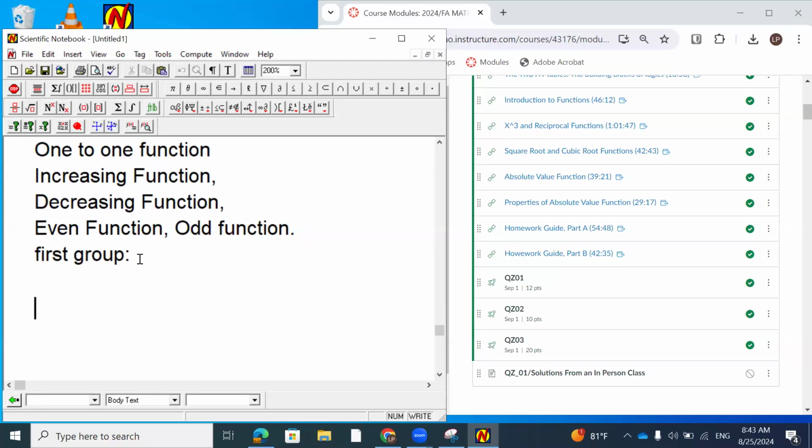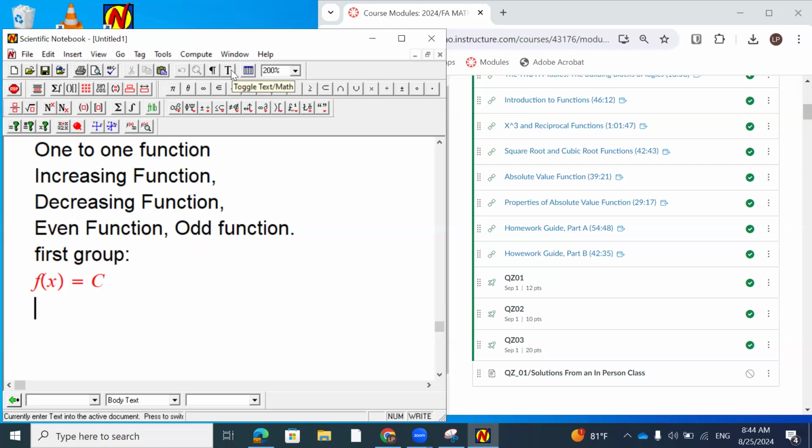So let's see what the functions in the first group are. The first group includes functions such as this one: here's the rule. The rule is that for any input, the output is constant. That's one function.